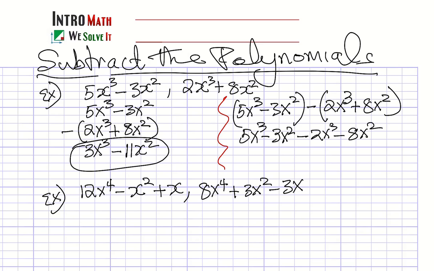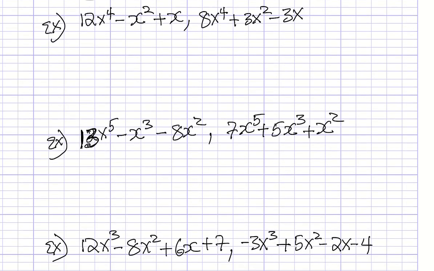You see that, right? So you're looking for the like terms right there. It's 3x3, and then this term here, they're both negative, it becomes 11x2. So you get the same thing. Either way you like, it's up to you. Let's do the next one. Subtraction and addition is basically the same thing. You just have to pay attention to the signs. That's all.